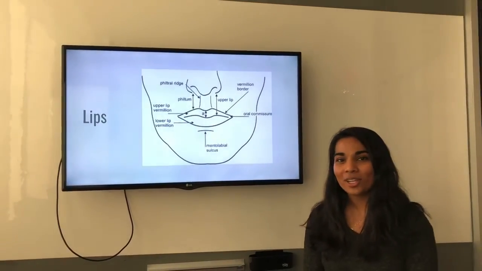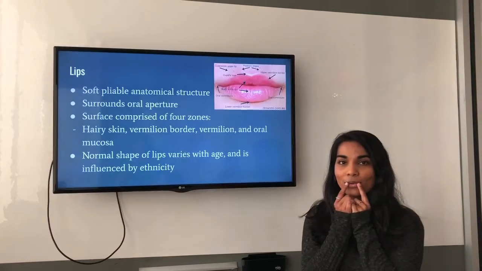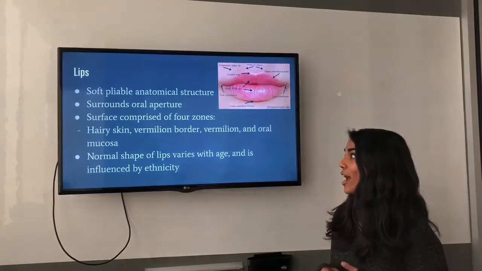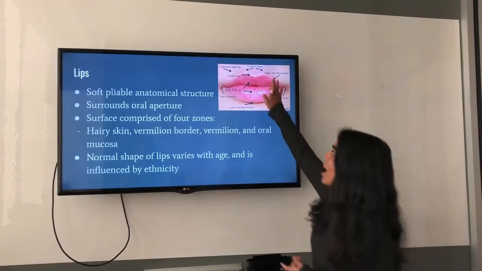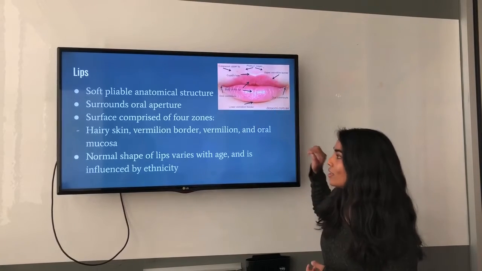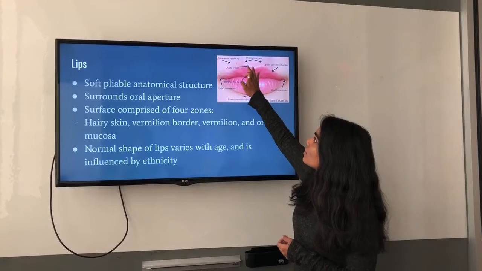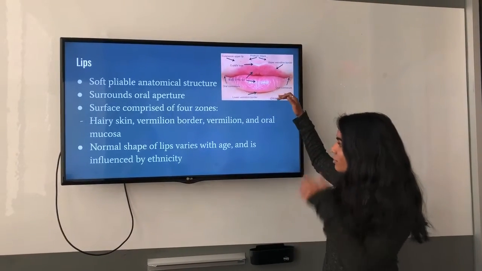Next we're going to be talking about the lips. The lips are one of the soft, pliable anatomical features of your face, and they have four main zones. The first is the hairy skin, which is around the lip area, and then the vermilion border, which goes around the lips, both the upper and the lower vermilion border.